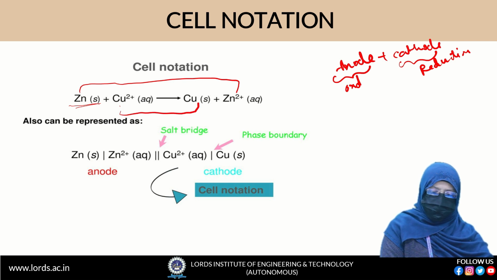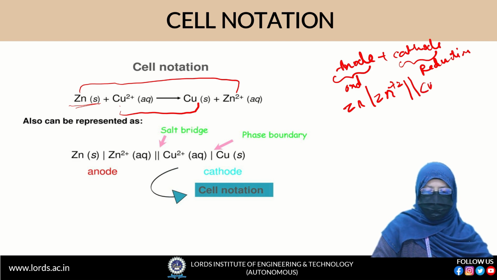So when you start representing, always remember metal followed by metal ion. We write metal followed by metal ion as the anodic representation, and the parallel line indicates the salt bridge. Then metal ion followed by metal is the cathode representation.